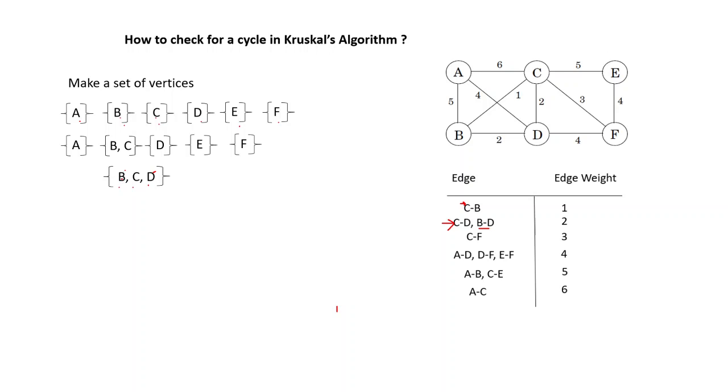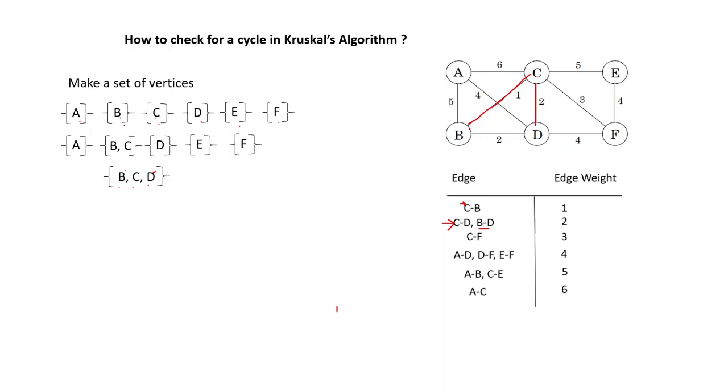So what it means is, if they belong to the same set, it means that there is already a path that exists between B and D. That is, in this case, we had till now added BC and CD.